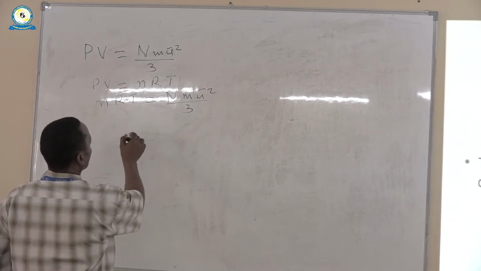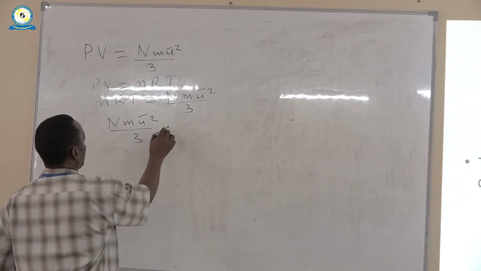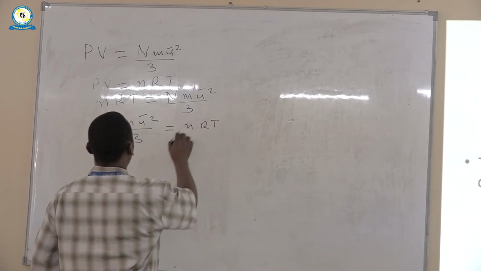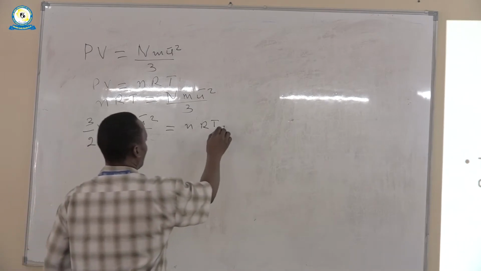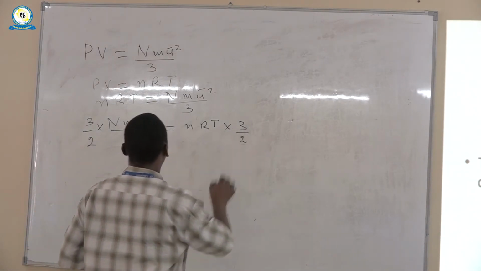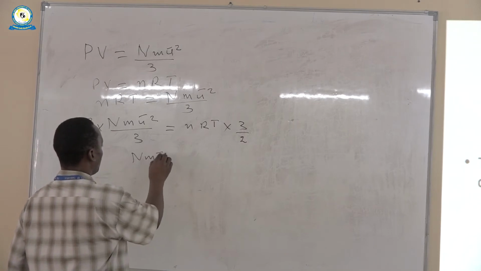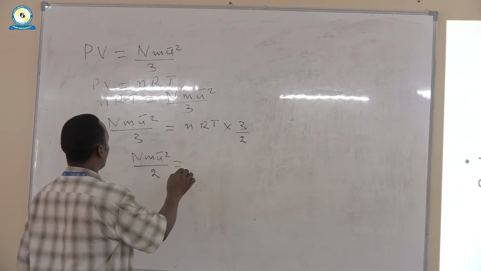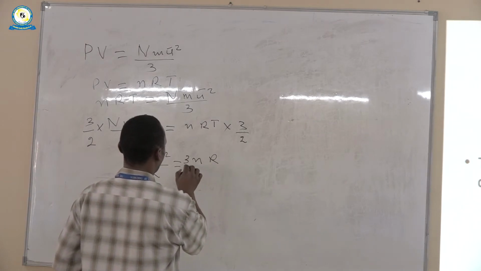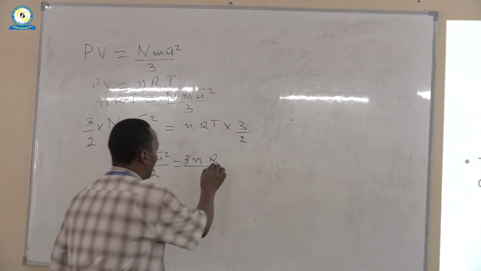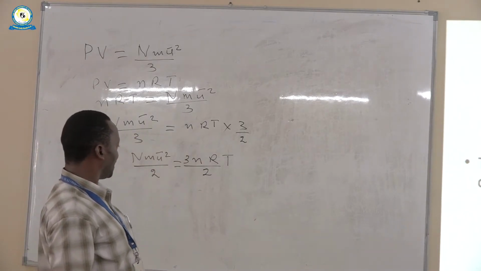If we multiply both sides by 3 over 2, we remain with N m u squared over 2 equal to 3 over 2 times nRT. So we have it like that.